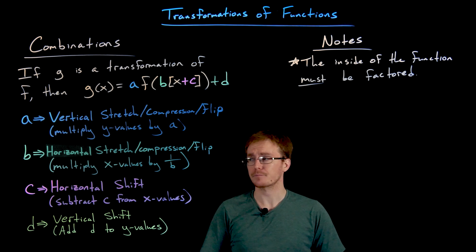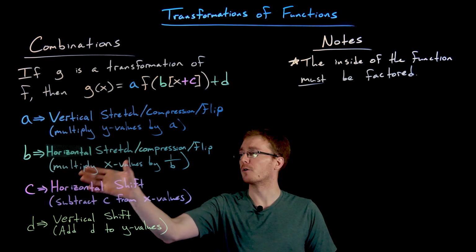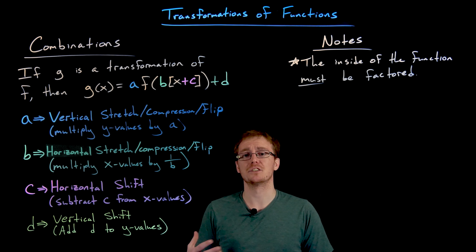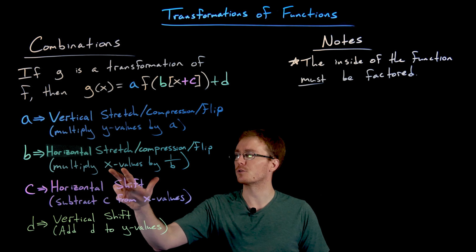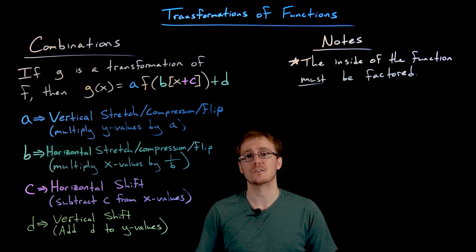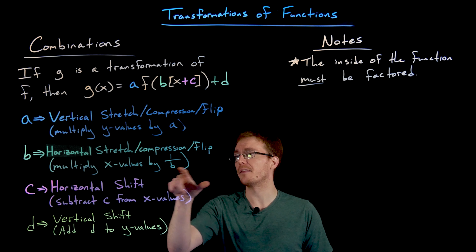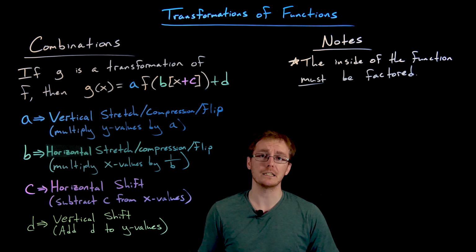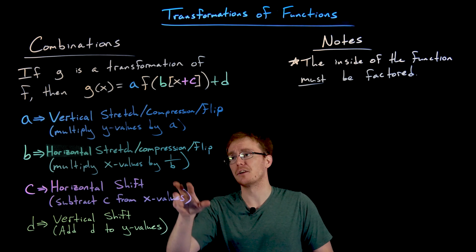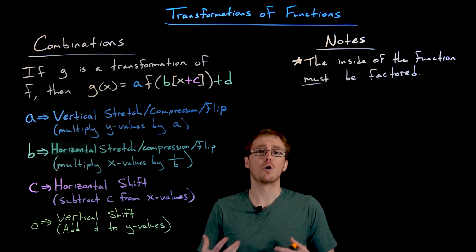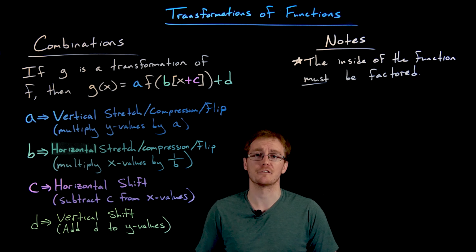So the way we actually perform these stretches, compressions, and flips horizontally is we take those original x values from points on the graph of f and we multiply them by 1 over b, or divide them by b. That number 1 over b is our horizontal stretch or compression factor.